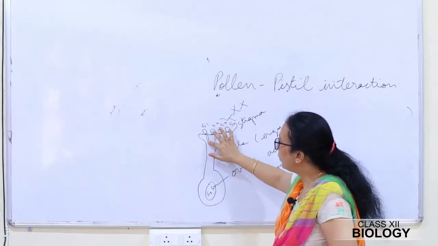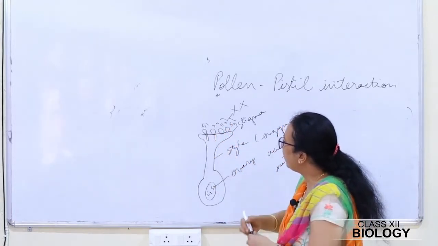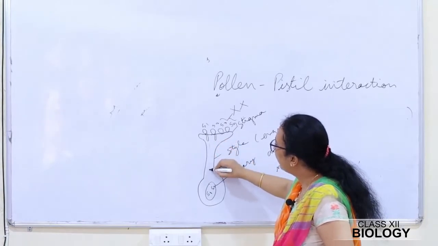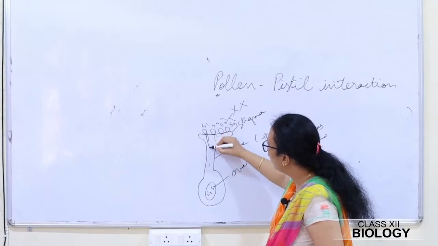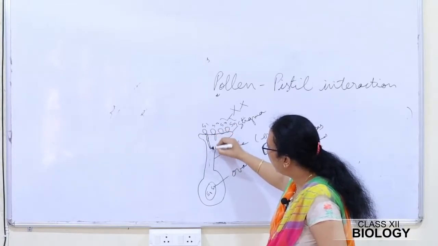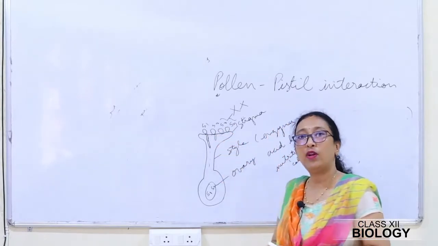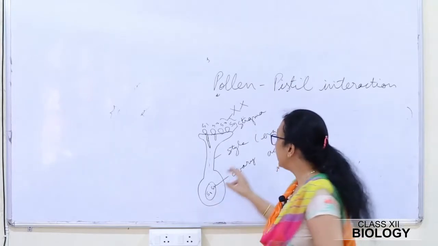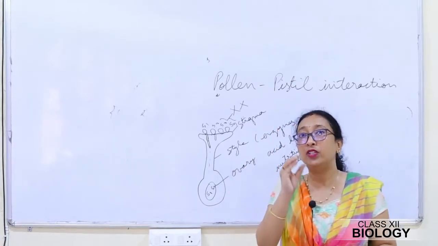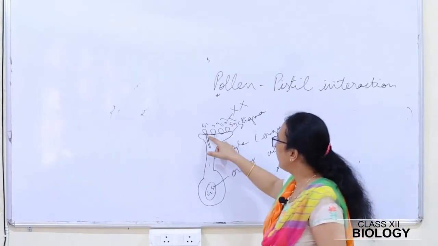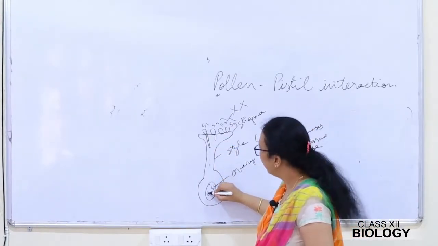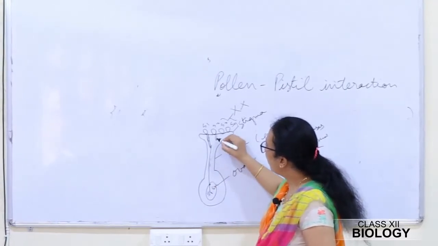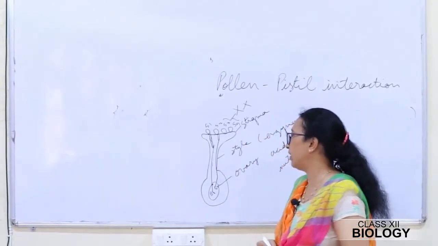And this pollen tube will again gain entry in the stylar region. Its length also depends on the style. The style will provide nutritive tissue. So it will reach the ovary and here it will fertilize. Similarly, if it is S2, then also it will fertilize.